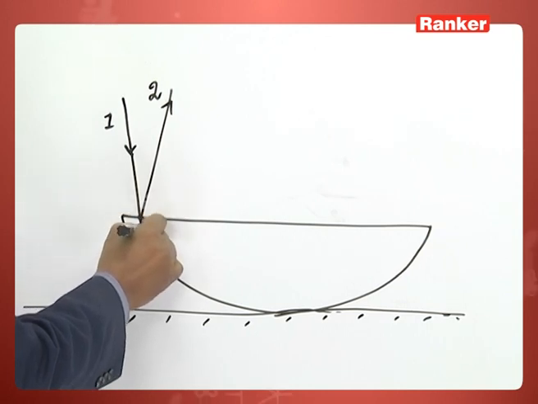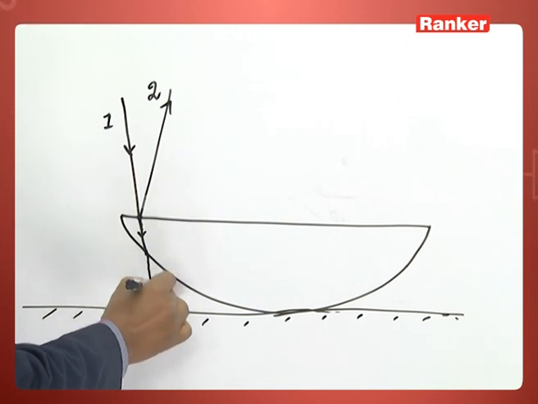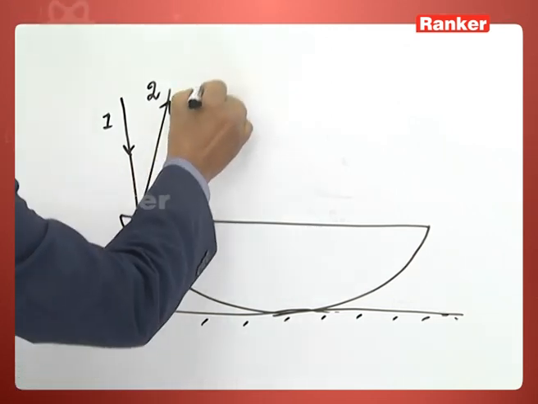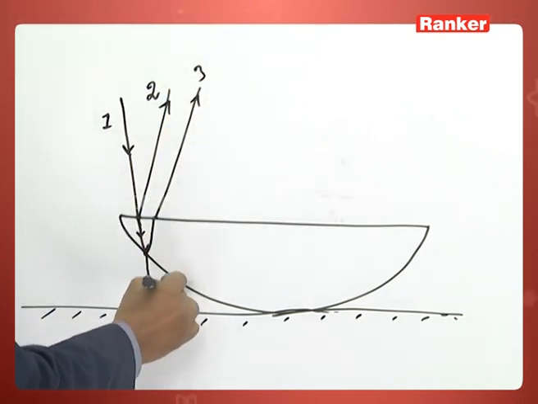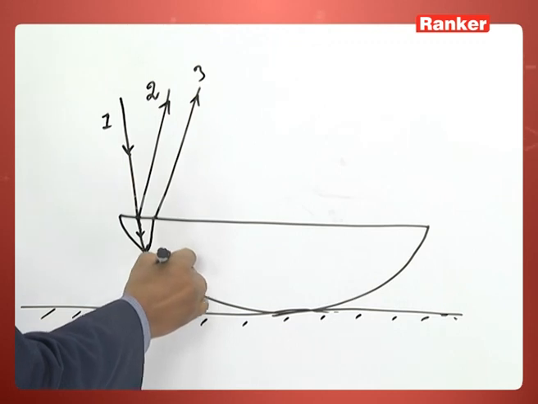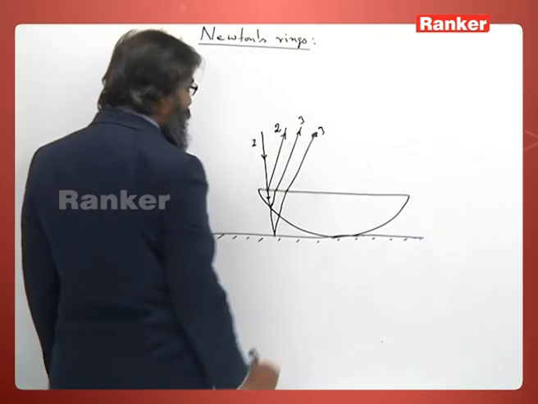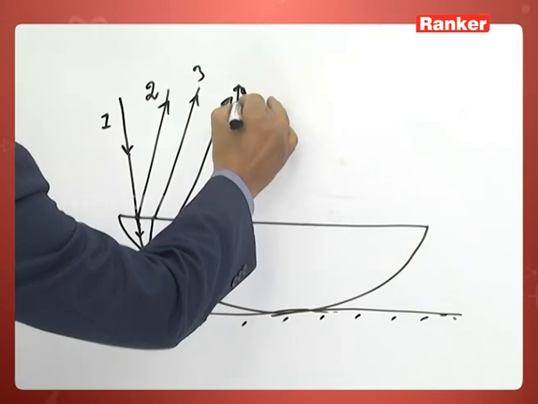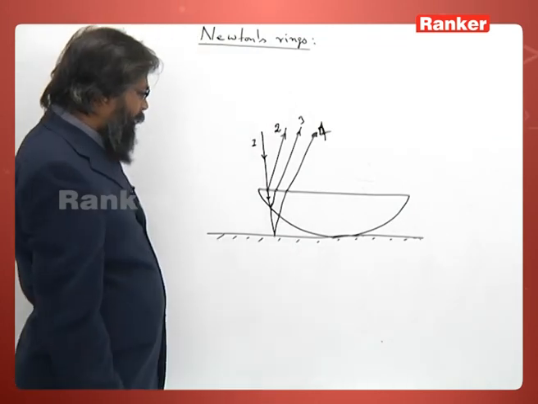Then again it gets here, again it gets reflected, again here only it gets reflected and passes, this will be called ray 3. Again by this plane mirror it will get reflected and it is transmitted at 3. So I have 1 ray, 2, 3 and so this is 4th ray. So we have 4 rays.